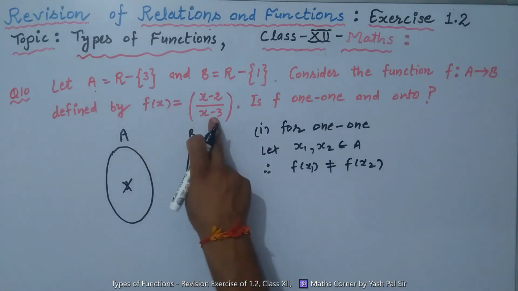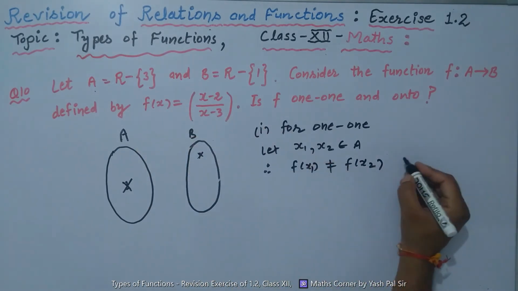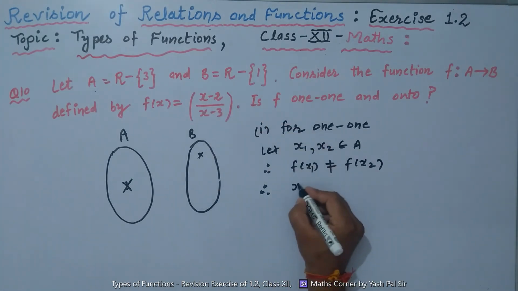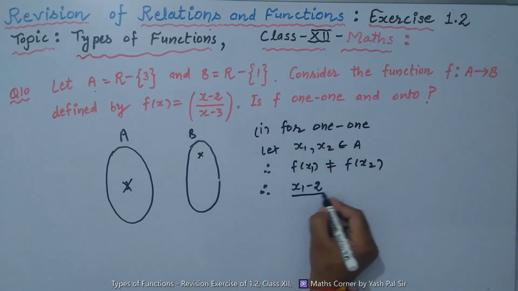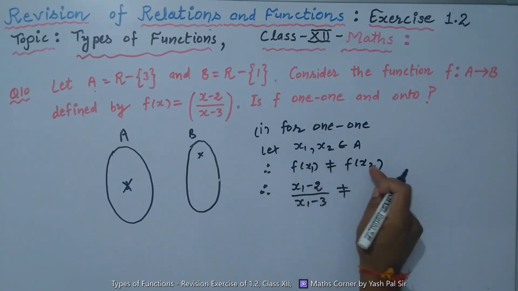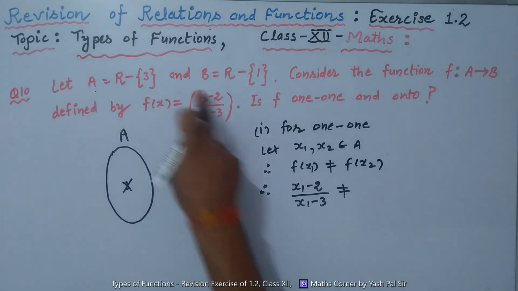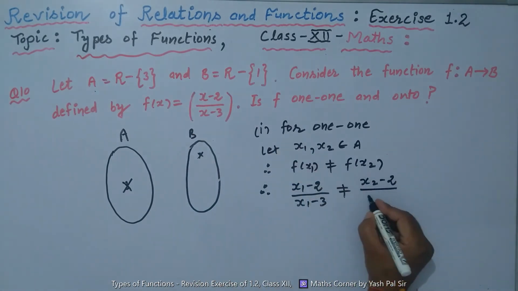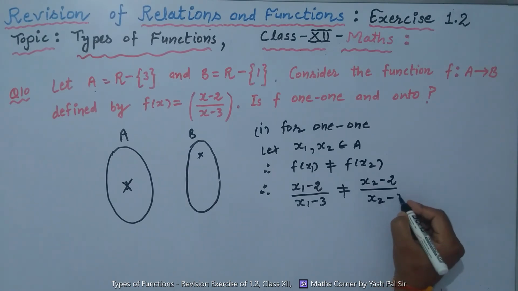In the given function, we put x1 minus 2 upon x1 minus 3 is not equal to, now put x equal to x2, x2 minus 2 upon x2 minus 3.